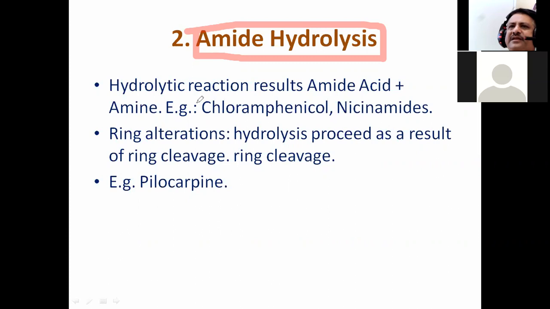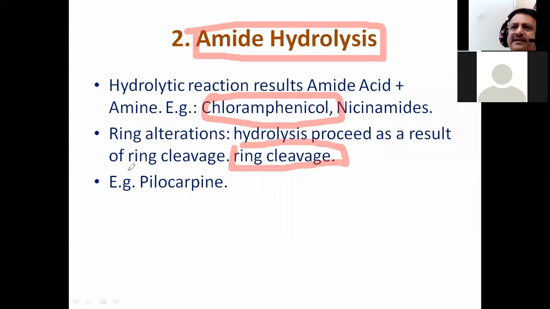When we have acid plus amide, for certain drugs such as chloramphenicol and niacinamide, you will find it leads to amide hydrolysis. Now the ring alteration which takes place due to amide hydrolysis is the result of ring cleavage, and this is shown mainly in drugs such as pilocarpine.